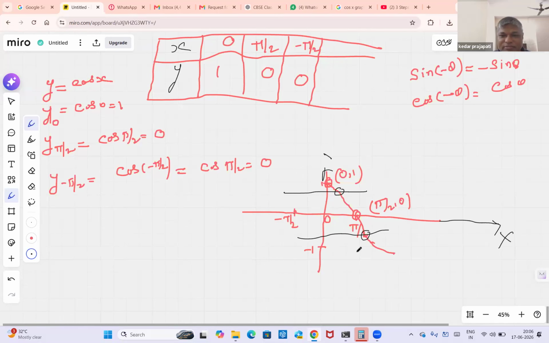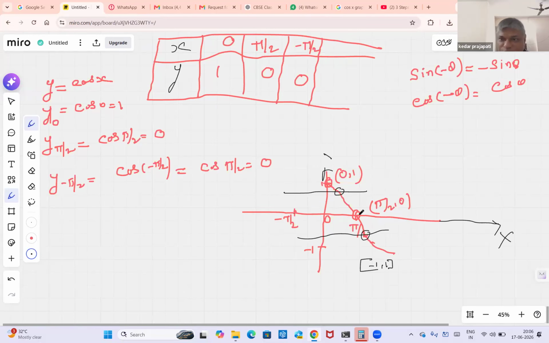So this graph is defined from, okay, it is -1 to 1. Correct? This graph is defined from -1 to 1, both points included, and it is going from 0 to pi by 2.